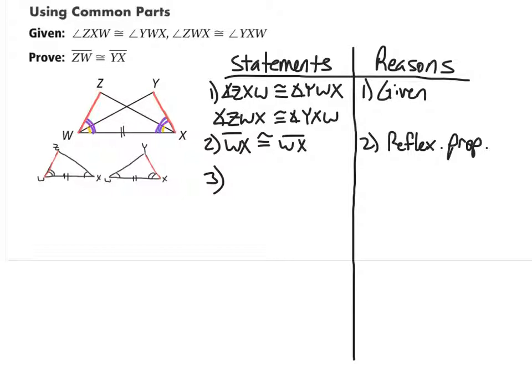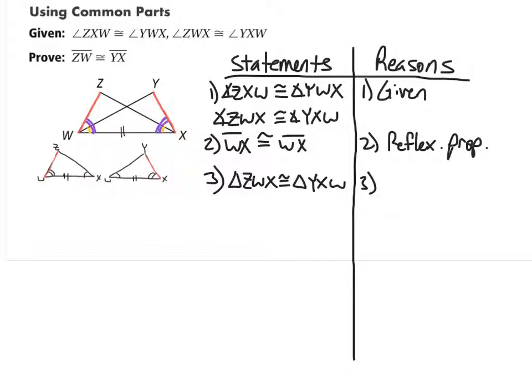All right, well, did we have enough information then to show our triangles are congruent? Yeah? Okay, so what are we going to call our triangles? Okay, so ZWX, we now have locked into stone what we have to name the other triangle, right? So triangle ZWX is then congruent to what? Triangle YXW.